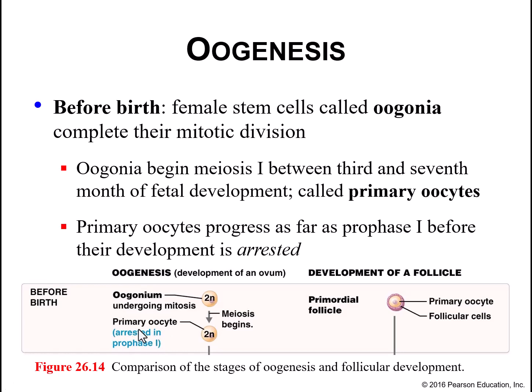Recall that meiosis is 2 rounds of division, meiosis 1 and meiosis 2. In meiosis 1, we divide our homologs, so we are truly haploid at the end of meiosis 1 because we no longer have a copy of each homolog.